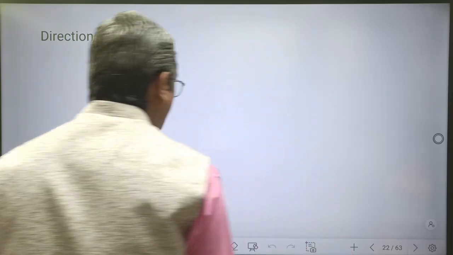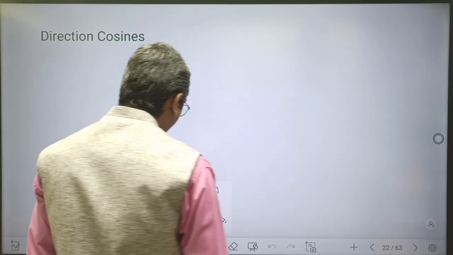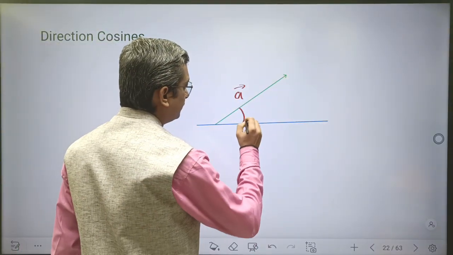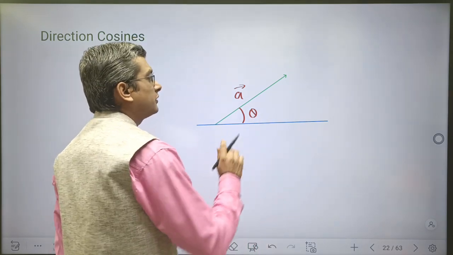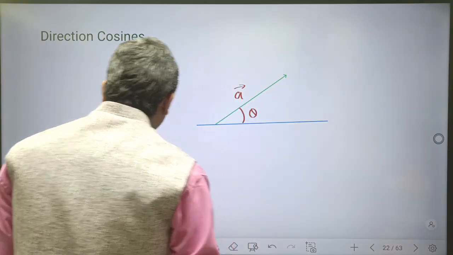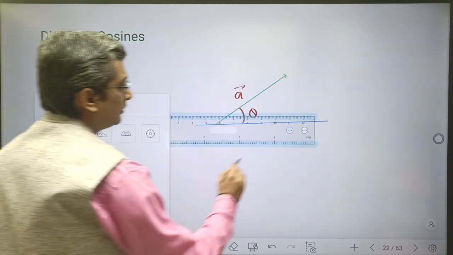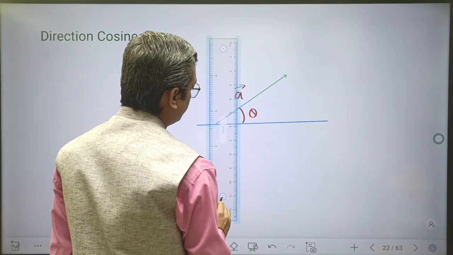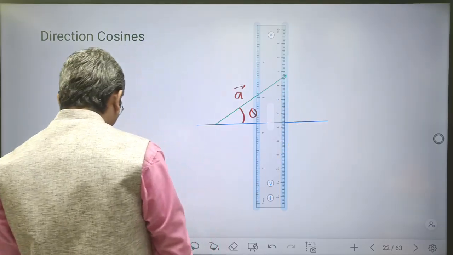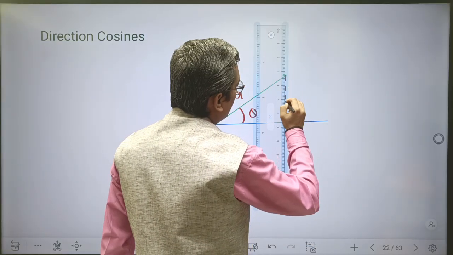Next, direction cosines. Now one more thing, dear friends. Take a vector here, draw a line. This is angle theta. We have to take the component of vector A along this line. So the very first step is that we have to drop a perpendicular from the head of this vector to the line along which we are asked to find its component.